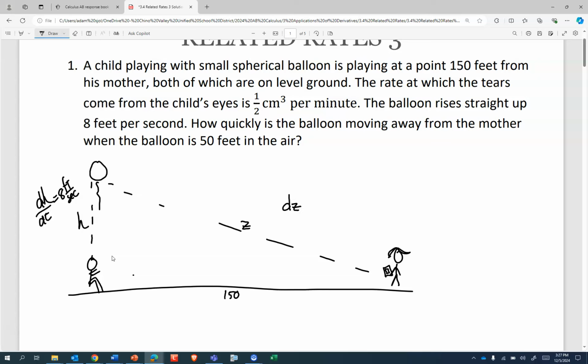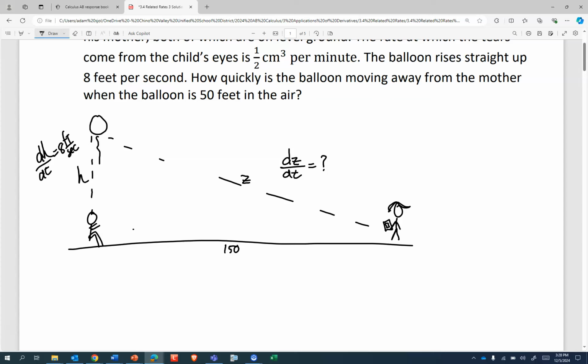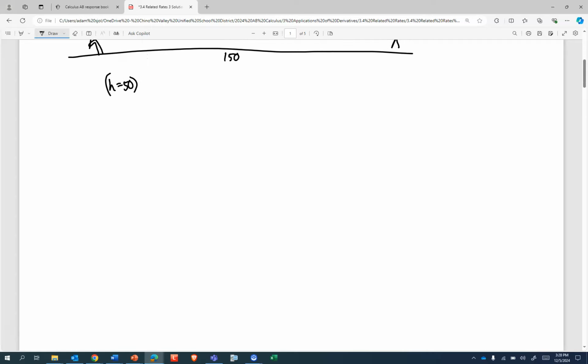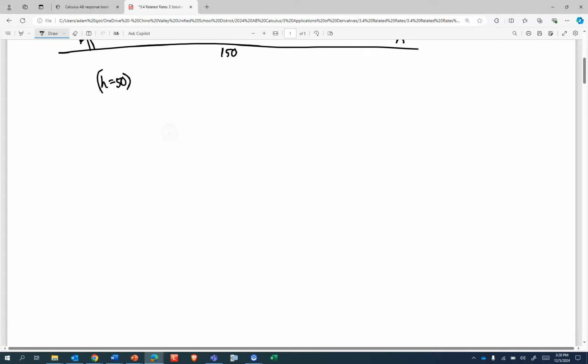I'll call it z, between the mother and the balloon, which means I'm looking for dz dt. And I guess 50 feet in the air, we're going to do h is equal to 50 at the end once we're there. I can't put in that 50 because unlike the 150, the 50 is not always true.